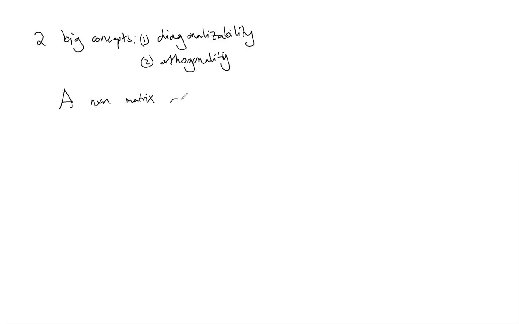And so diagonalizing A is finding a basis of eigenvectors, because then when you write the linear transformation in that basis, you get a diagonal matrix. Okay, so this is just some review.